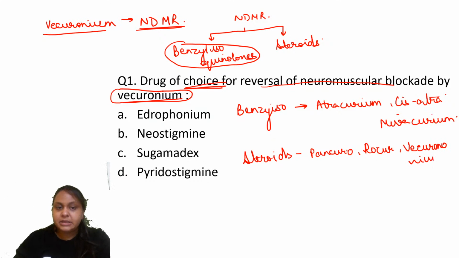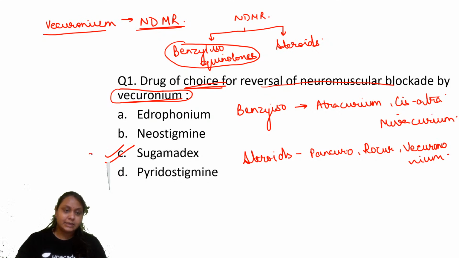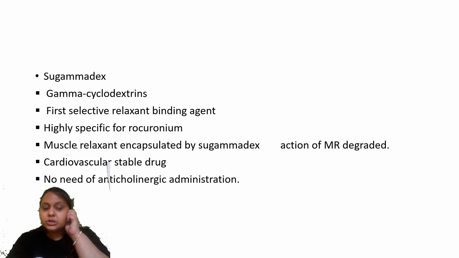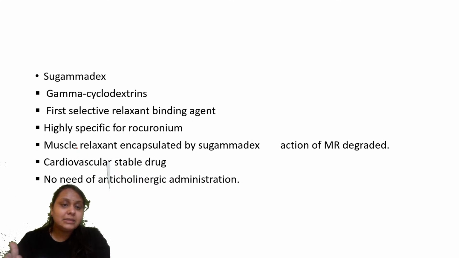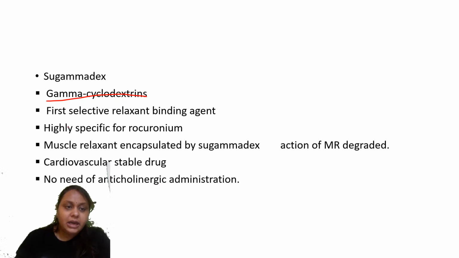The drug of choice for reversal of neuromuscular blockade for the steroidal group of drugs is sugammadex. Why? Because sugammadex is a gamma cyclodextrin, a selective relaxant binding agent.